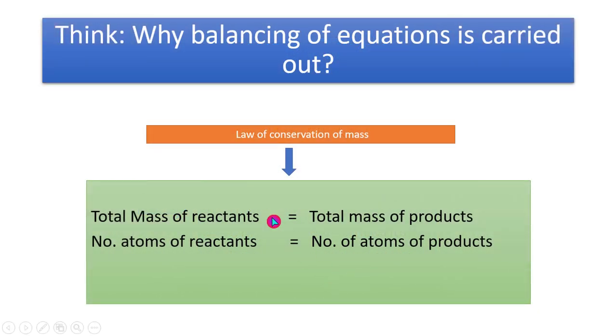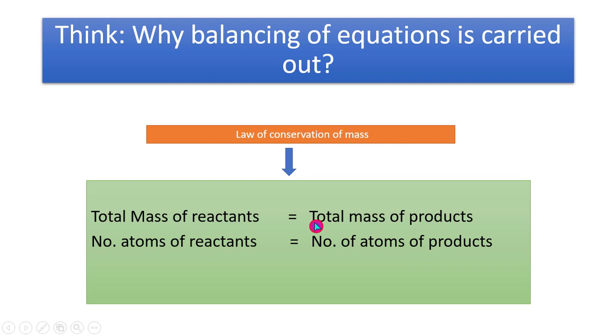Before discussing the examples, we first see why balancing of equation is carried out. Balancing of equation is carried out in order to fulfill the law of conservation of mass. According to the law of conservation of mass, the total mass of reactants is equal to the total mass of products.